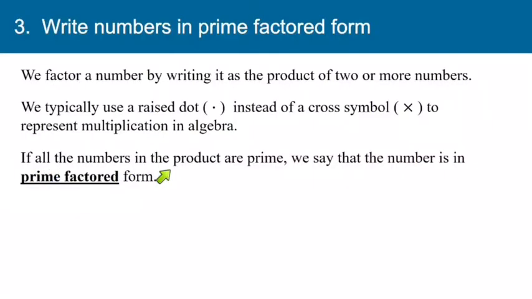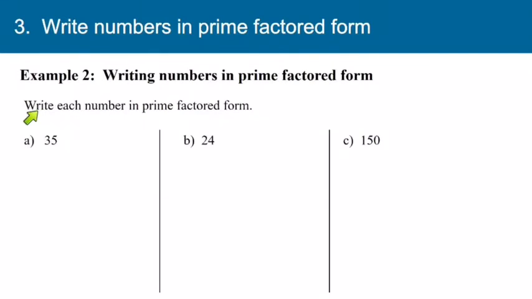Now, if all the numbers in a product are prime, we say that the number is in prime factored form. Let's see if we can write each of these numbers in prime factored form.